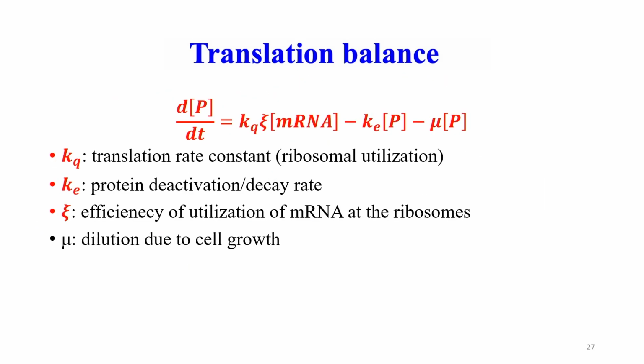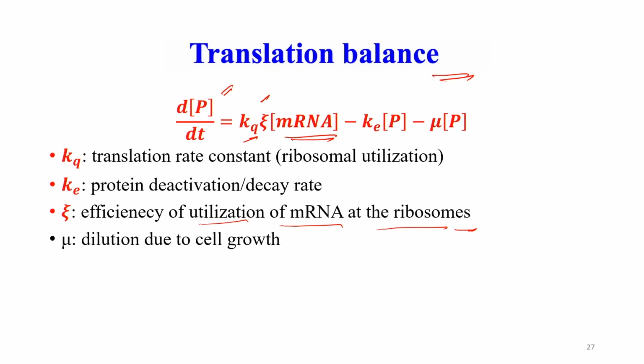Now, next we go to the translation balance. dP/dt, the rate of product formation, is Kq, the synthesis rate, proportional to the concentration of mRNA, and this is the utilization of mRNA at ribosomes. Protein synthesis is taking place at the ribosomes.